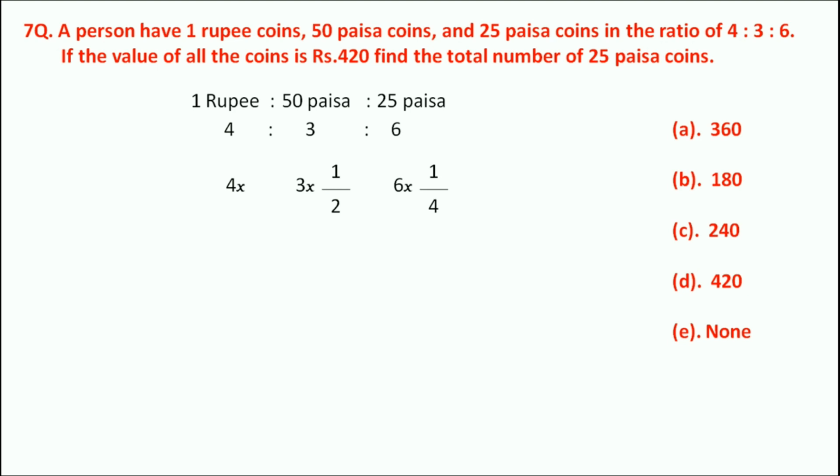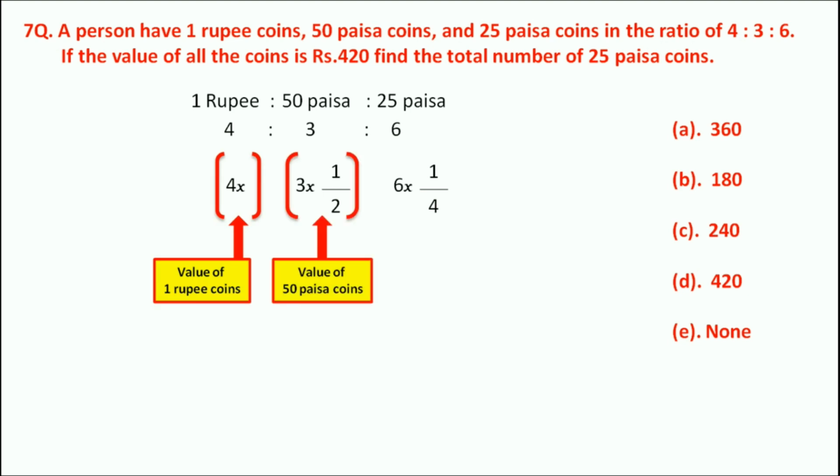It is given that the sum of the value of 1 rupee coins, value of 50 paisa coins, and the value of 25 paisa coins is equal to 420. That is, 4x plus 3x by 2 plus 6x by 4 is equal to 420. Let us solve this equation.